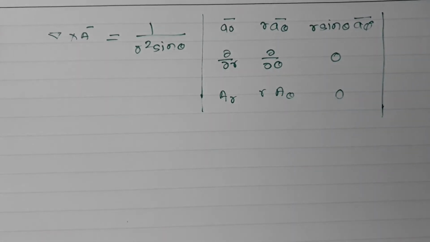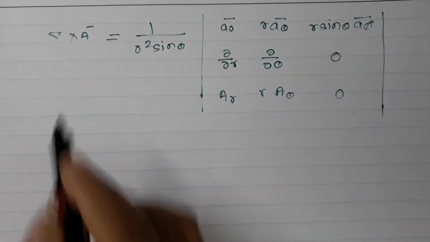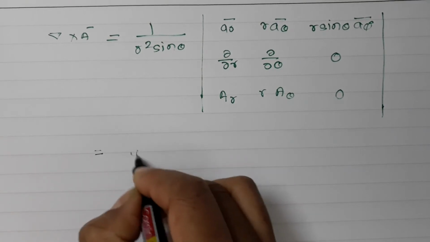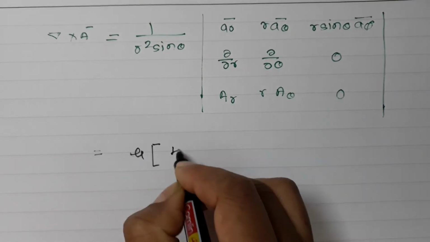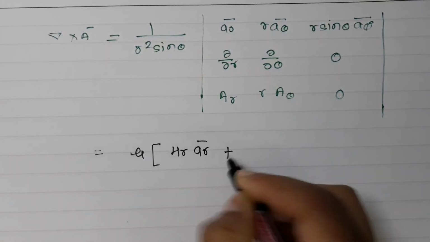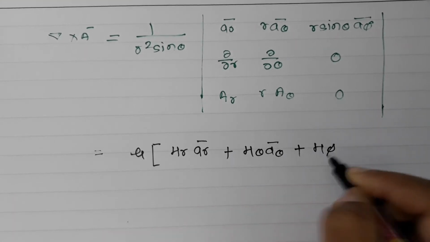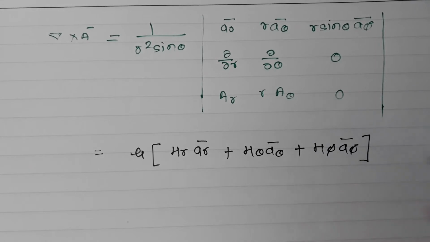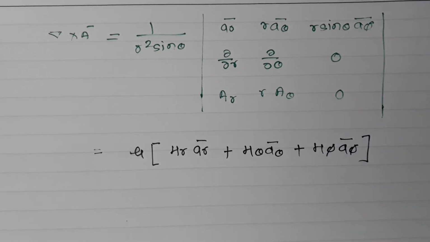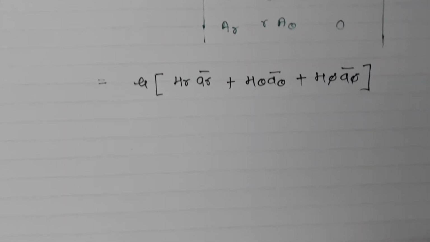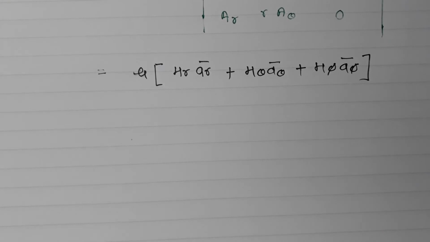Now let us equate this. So this will become mu h r a r plus h theta a theta plus h phi a phi.